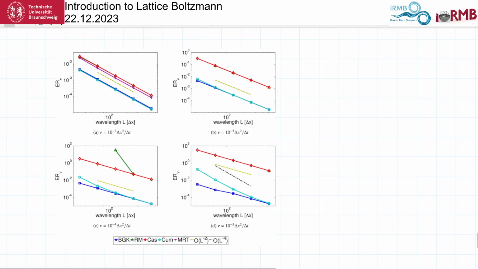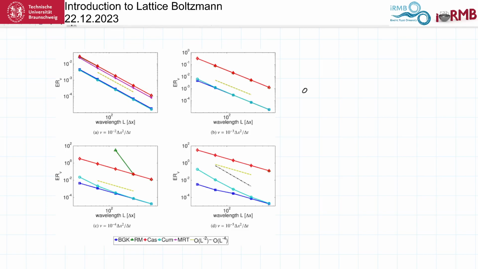Here we have one dot where it's actually stable, so it's not stable everywhere. But the rare moment method, so rare moment just means non-orthogonal MRT, without orthogonalization, has a similar error, but is more stable.